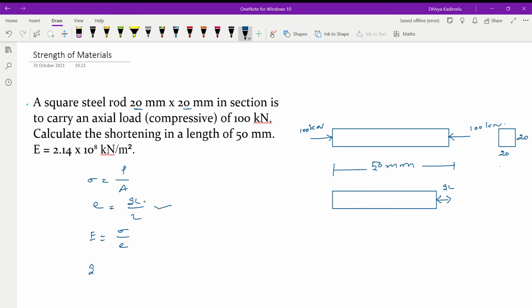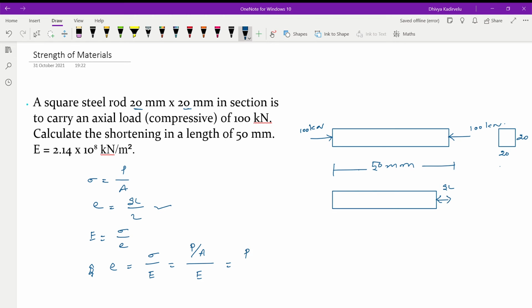Right. So what is the strain value here? The Young's modulus equation can be rearranged: Young's modulus is equal to stress divided by strain, so strain is equal to stress divided by Young's modulus. What is the stress formula? P divided by A, and Young's modulus is given, right?